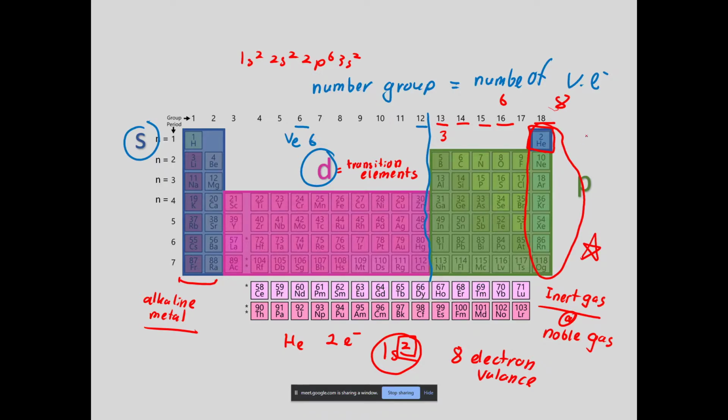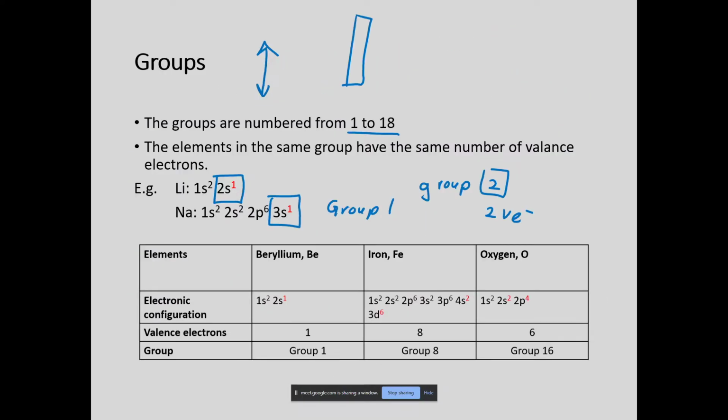Kalau you guys remember dulu sekolah menengah, you guys ada duplet dengan octet. Okay, duplet dengan octet ni maksudnya kalau any atoms, any elements yang dah achieve duplet ataupun octet, dia orang dah stabil. So dia ada fully filled orbital. Kita akan tengok this further on.